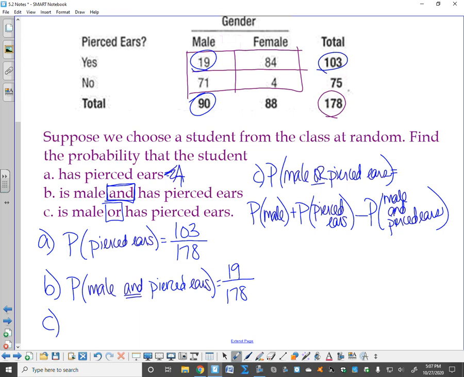So all I'm doing is subtracting it out once. It takes the double whammy out. Probability that you're male, that's 90 out of 178. Probability that you're pierced, 103.